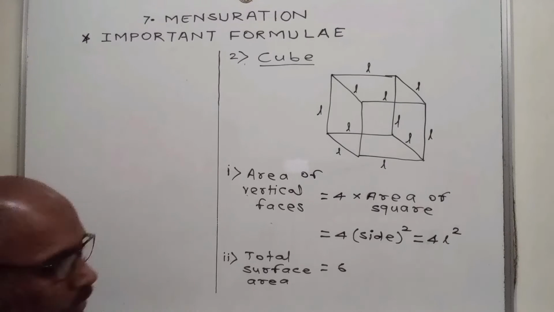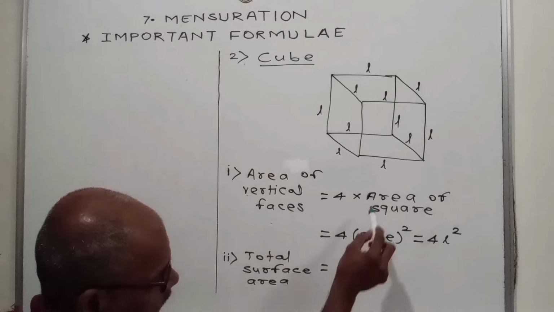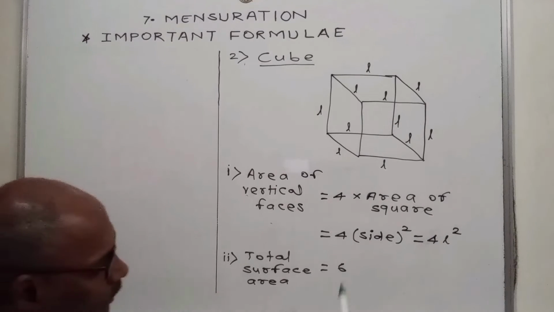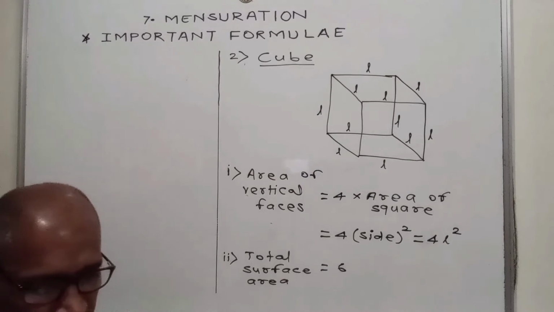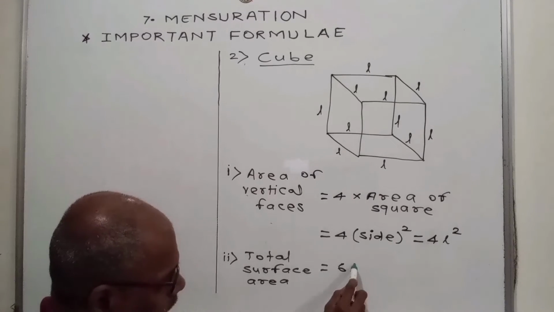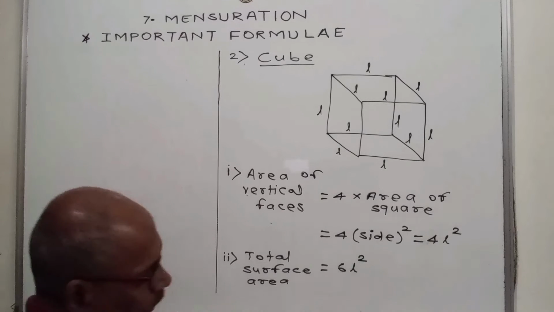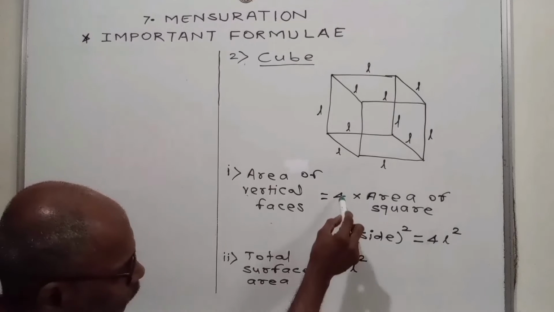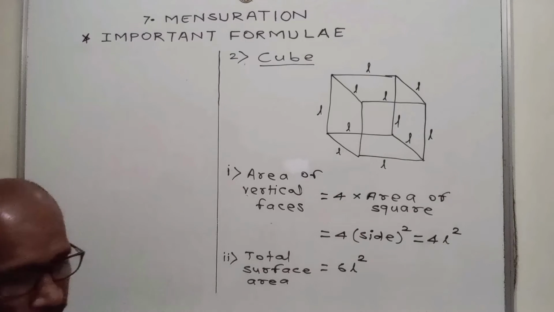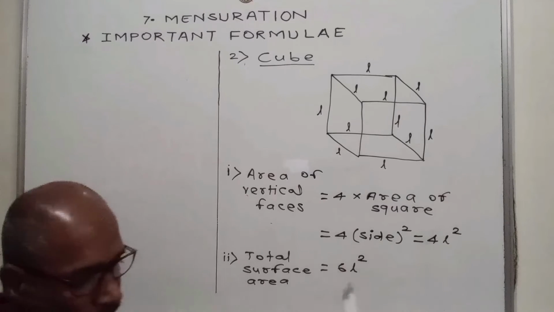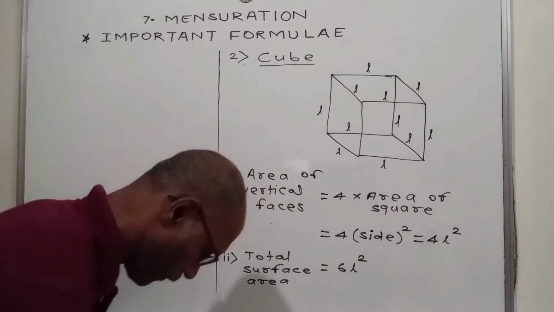Those are squares and 6 faces, and we write area of square. Area of square is side square. 6 into side square, and length of side is L. Did you get it? 6L square.